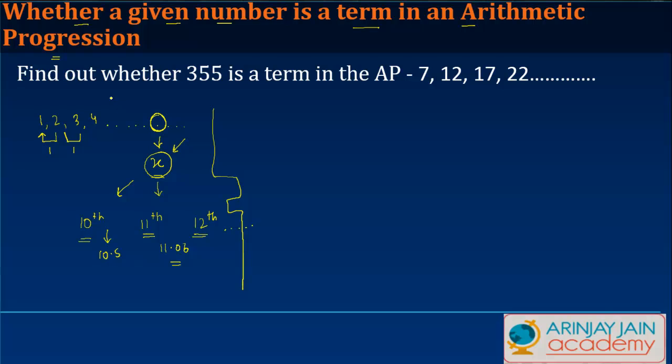Now let us look at a practical example. Find out whether 355 is a term in the AP 7, 12, 17, 22, and so on. Pardon me, this is not -7, this is actually just a dash which has been put in. That is 7, 12, 17, 22, and so on. Right? Now, in this situation, what is the value of a? a is the first term.